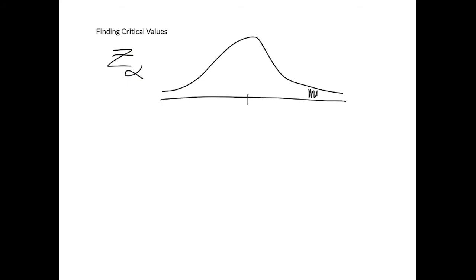So if I had a normal distribution, right, and that amount of area in the right tail was alpha, then z sub alpha is the z-score on the axis that bounds that much area up there. So when we have some distribution symbol like z or t or chi-squared, and then a sub alpha or a sub anything, that reference means it's bounding this much area in the right tail.